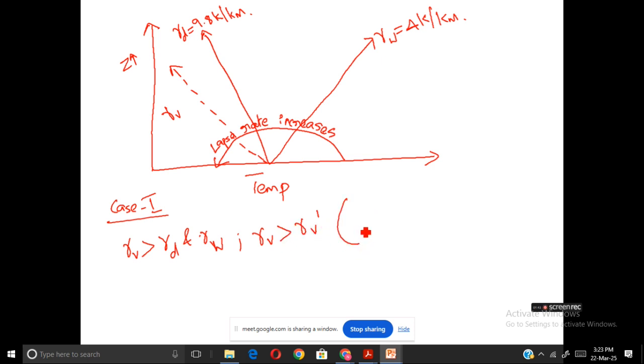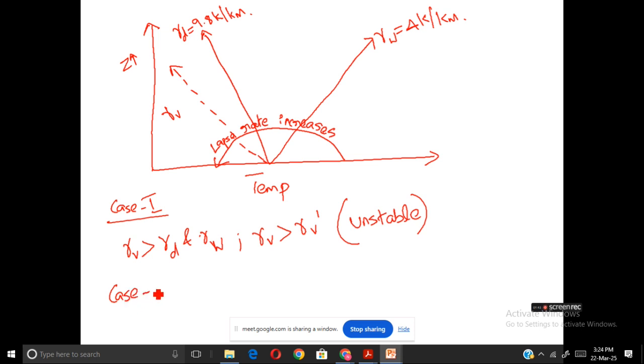We already learned that if the environmental lapse rate is greater than the parcel lapse rate, the parcel is unstable. So this is the condition of instability.